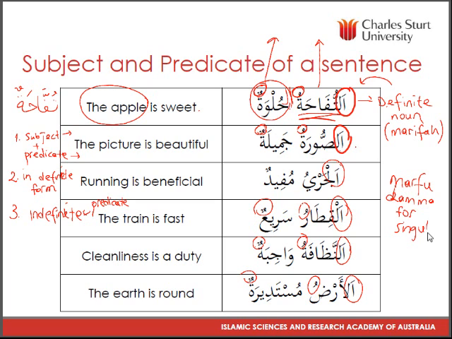So, in singular, marfu means dhamma. Memorize this. This dhamma is called marfu in grammar. When we say marfu, it means dhamma, only for singular. Because when it becomes dual and plural, the concept of marfu will change to a letter, not a harakat. You will learn that later. Is that okay?